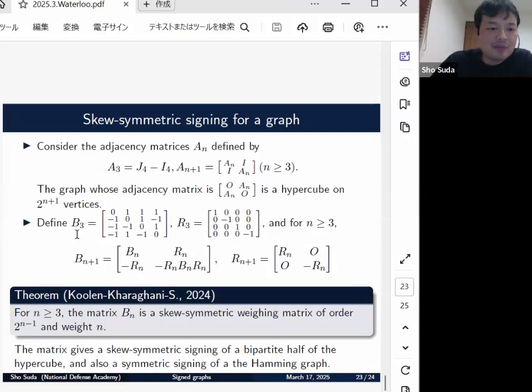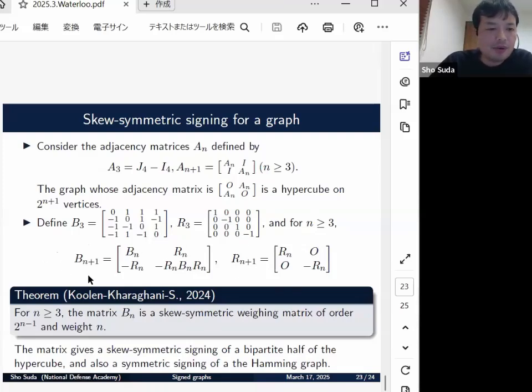To do so, we use these two matrices, B sub 3 and R sub 3. B sub 3 is defined like this. This is the skew-symmetric conference matrix of order 4. And R3 is a diagonal matrix whose diagonal entries are 1, minus 1, 1, minus 1.